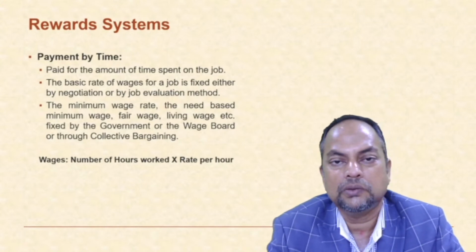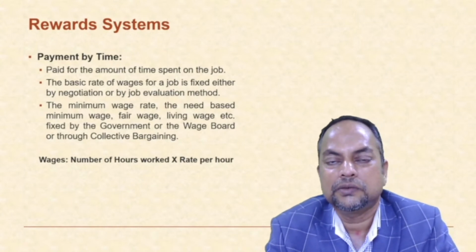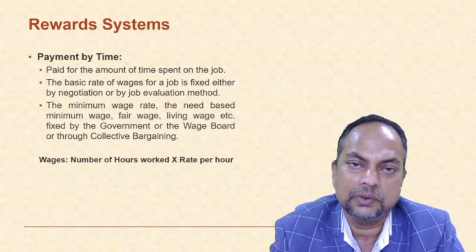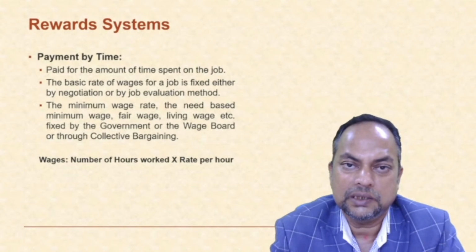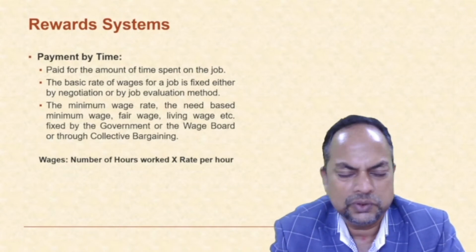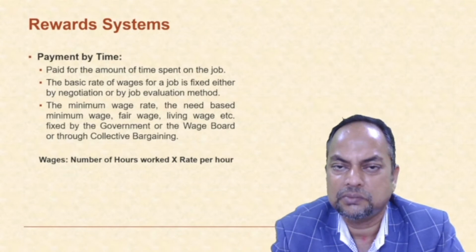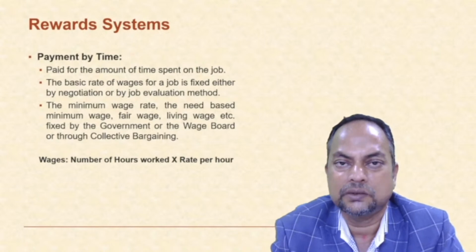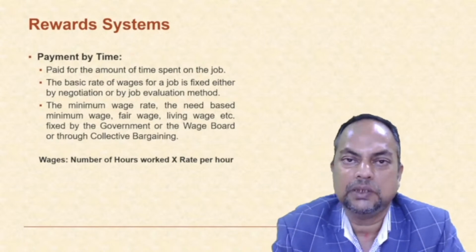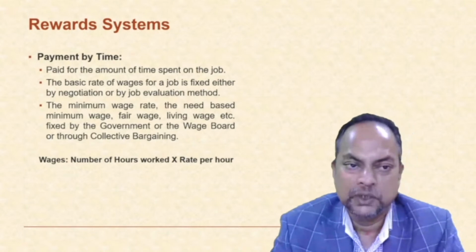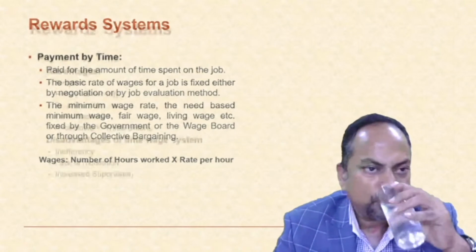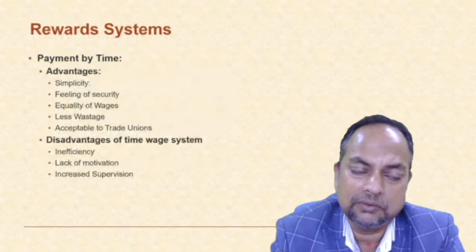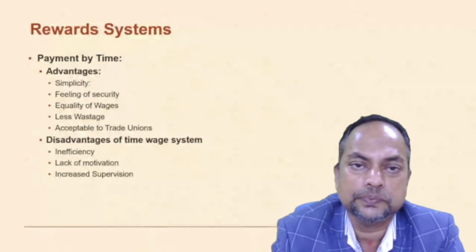So what is the minimum amount that should be paid to the workers for their contribution, and how many hours the employee has worked? So it's a simple calculation. The number of hours multiplied by the rate per hour will give the wages earned by that particular employee in a month, right? So here the payment by time method has many advantages, and many disadvantages also.